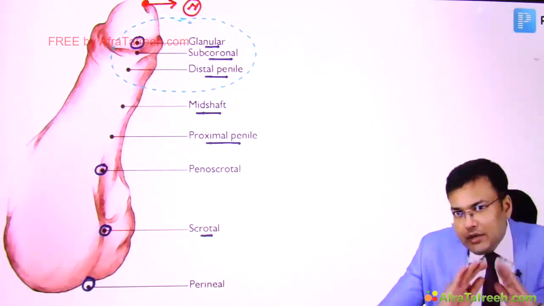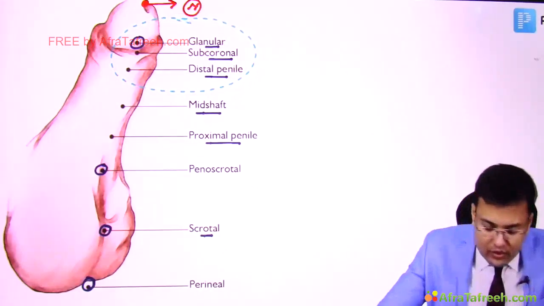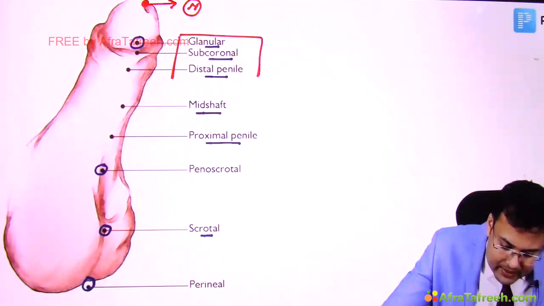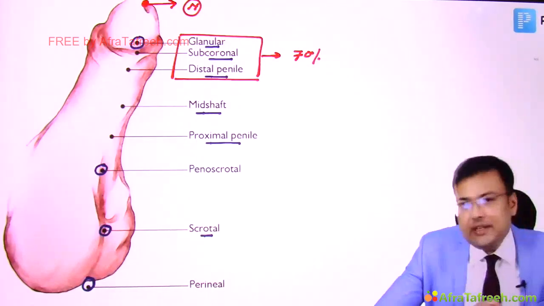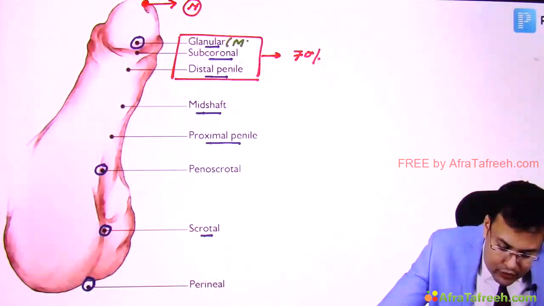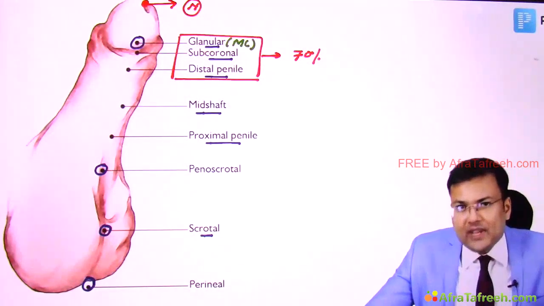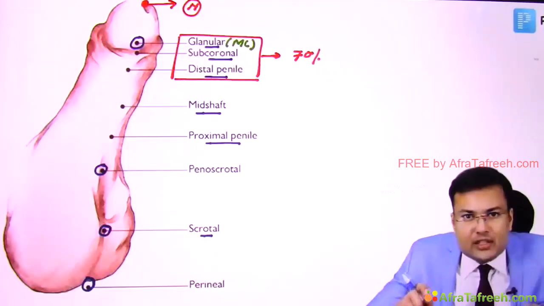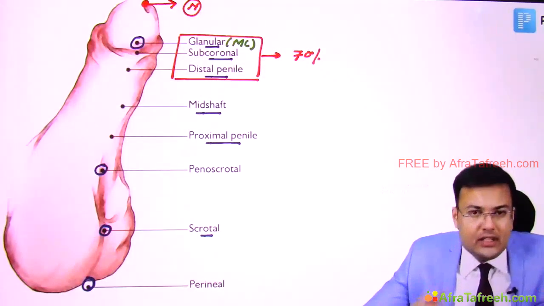The glanular, because it is the last to close. Right? So in hypospadias, only the meatus is not abnormal. There are lots of other abnormalities.